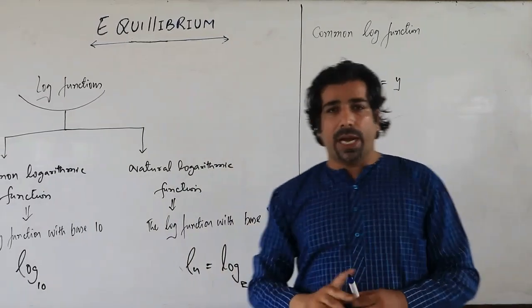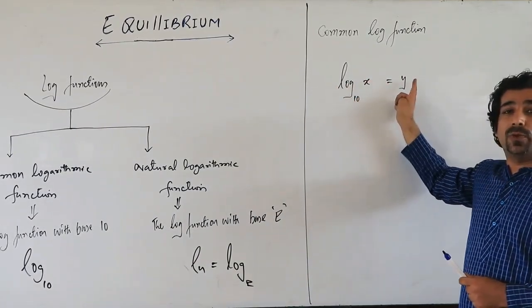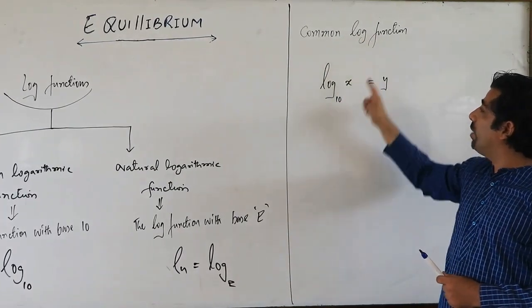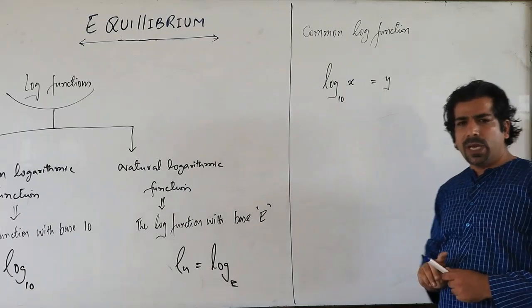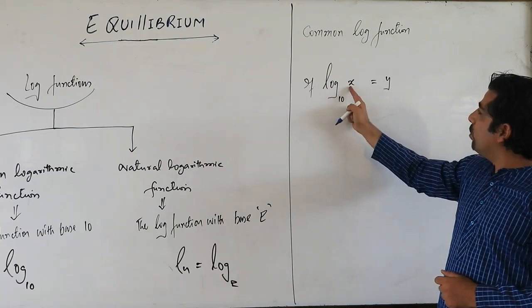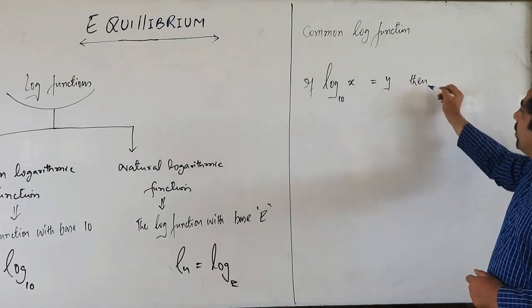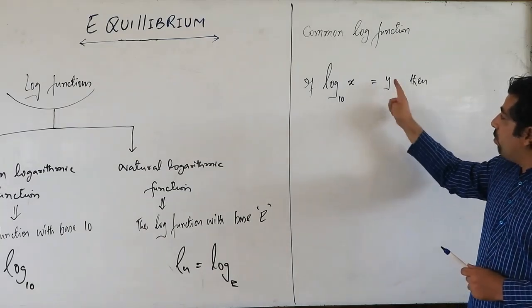And remember, I am actually finding out log x. Log x is equal to y. And we know that we are using the common log function where the base is 10. I can write down, if log x is equal to y, then please try to remember, then 10 to the power y.